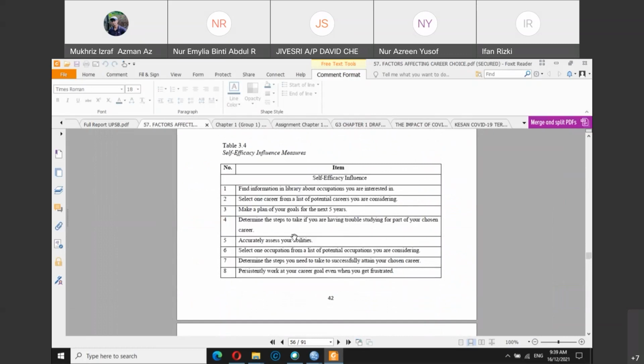Meaning, if you analyze according to gender, is there any difference if you are a female student or a male student, when it comes to these 4 factors?